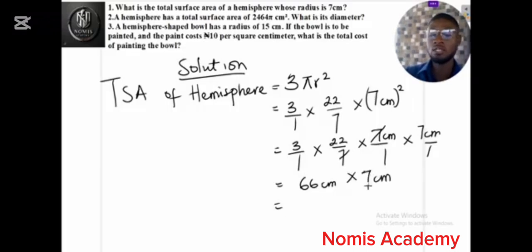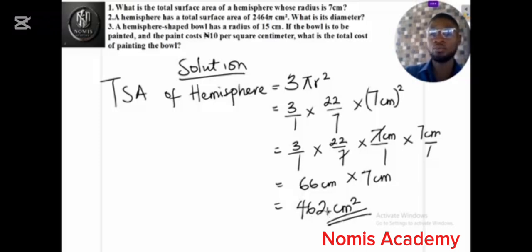So 66 centimeter multiplied by 7 centimeter, 7 times 6 is 42, write 2 and keep 4. 7 times 6 is another 42 plus the other 4, that is 46. So centimeter multiplied by centimeter, I have centimeter squared. So the total surface area of this hemisphere is 462 centimeter squared.